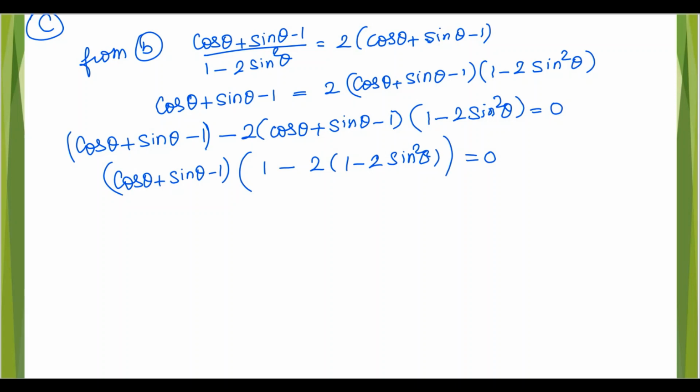So let us simplify this one, and we can say cos theta plus sin theta minus 1 is equal to 0, or that term, 1 minus 2 multiplied by 1 minus 2 sine square theta, is equal to 0.